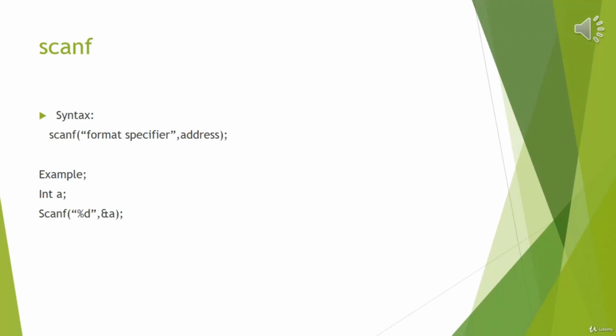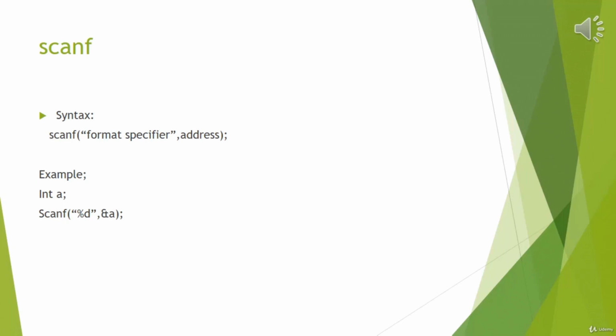And then after the format specifier we will put a comma, and then we will write the address. What is the address? The address is basically an AND operator, the ampersand, and after it we will write the variable name to which we want to assign the value. For example, we have declared a variable a, so we write int a because it is an integer type.